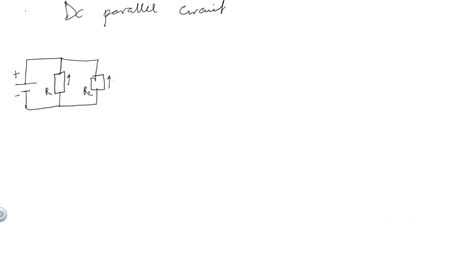So to determine the total resistances when two resistors are of equal value in a parallel circuit, we use this formula below, where you remember we say the total resistance is RT. When the resistors are placed in parallel with equal value, that means R1 and R2 are of the same value, we use this formula where the value here would be the value of any one of the resistors.